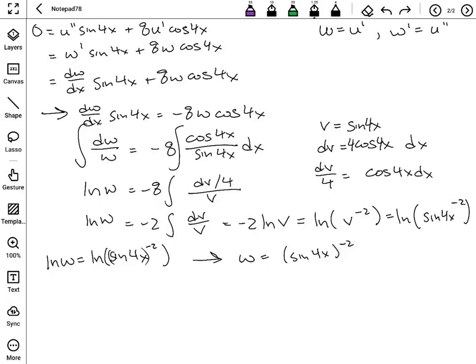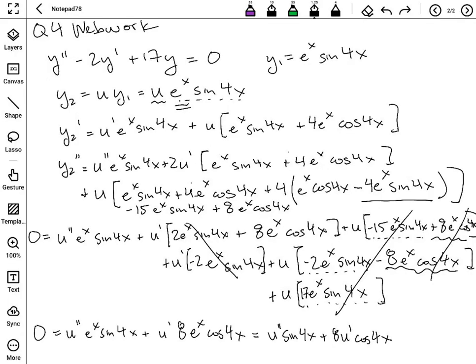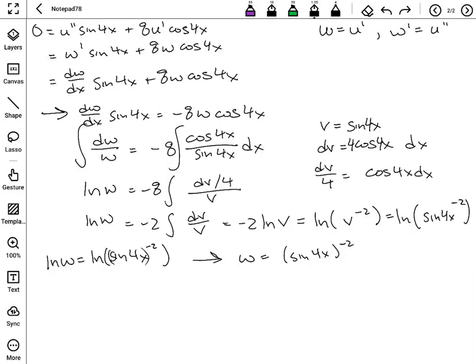Then at this point, I remember that I started this whole problem by saying y2 is u times y1, but I don't know what u is. Now I've solved for w, and I just want to go backwards in the process to recover u from that.